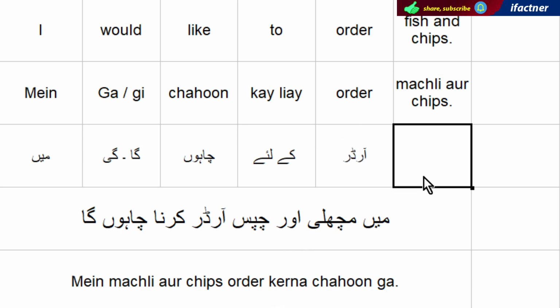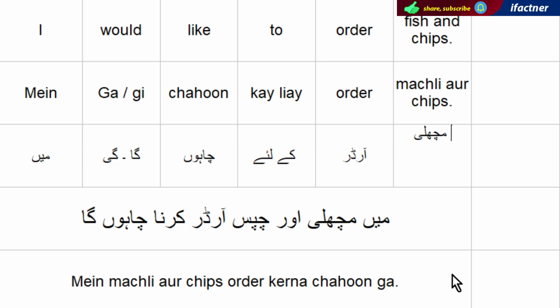Machli or chips. Machli is spelled as meem, and because there is an aspirated sound, then comes che with do chashmi he to make an aspirated sound. Much. So you puff an air out of it. Machli.